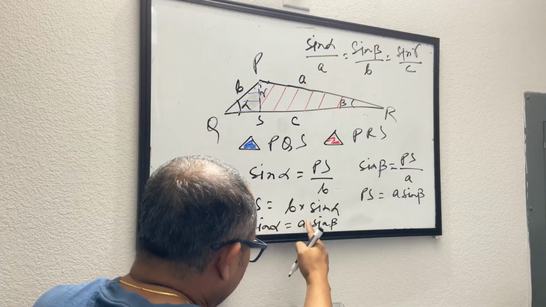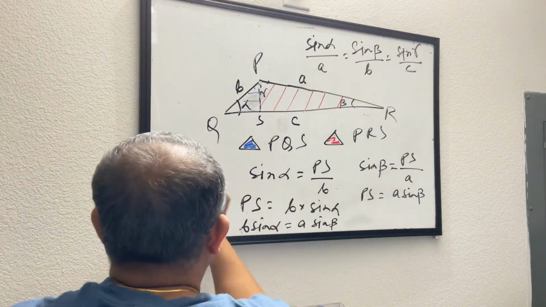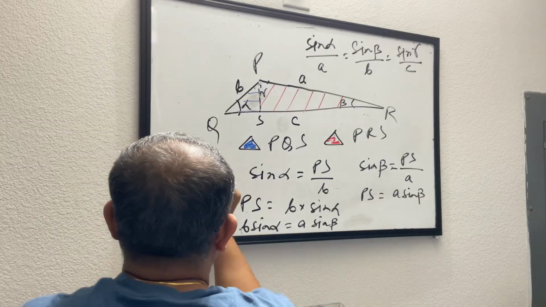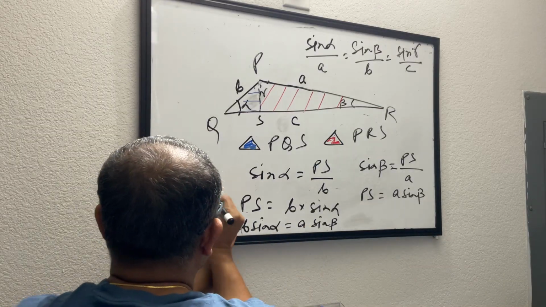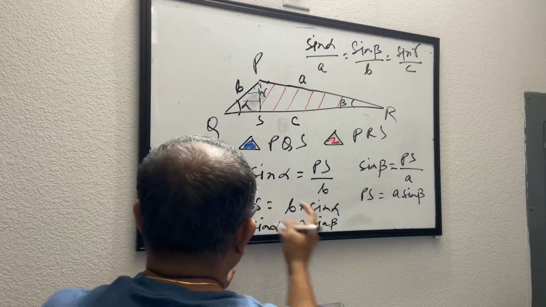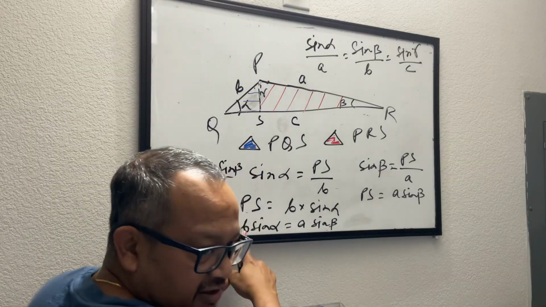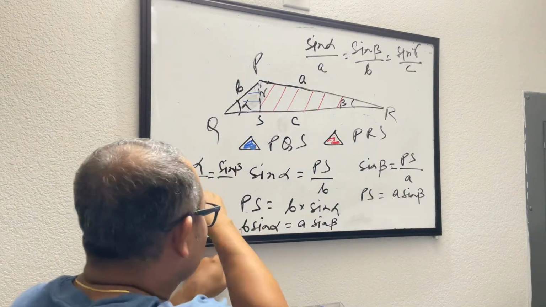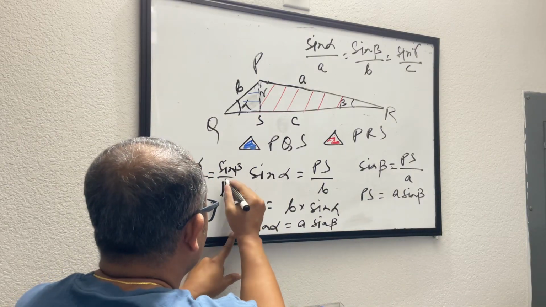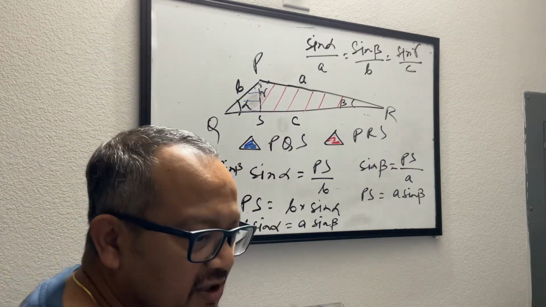So sine alpha by A equals sine beta by B. B doesn't belong with alpha, so I'm just moving it to the other side. So we saw that sine of alpha by A equals sine of beta by B.